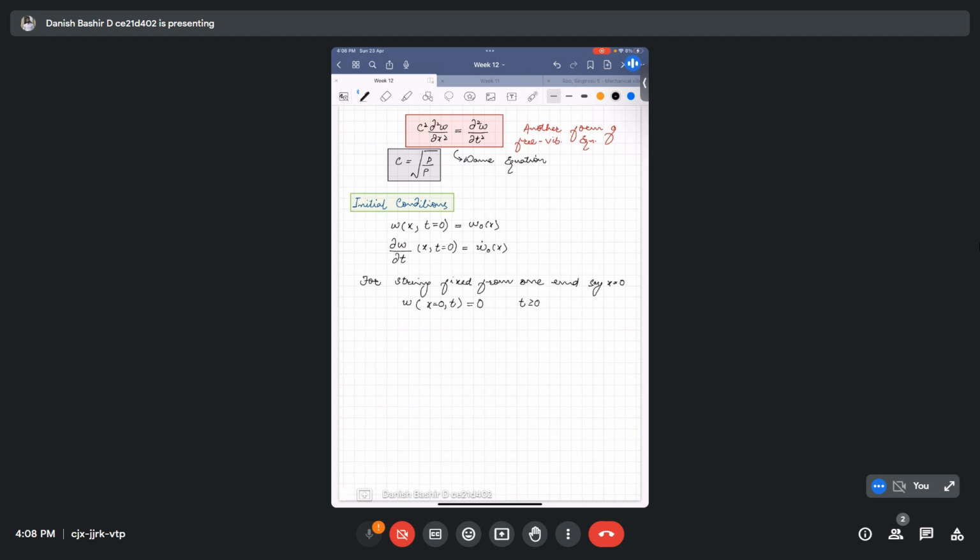Okay, so now we want to see the free vibration equation and the solution for this problem. Free vibration of string.